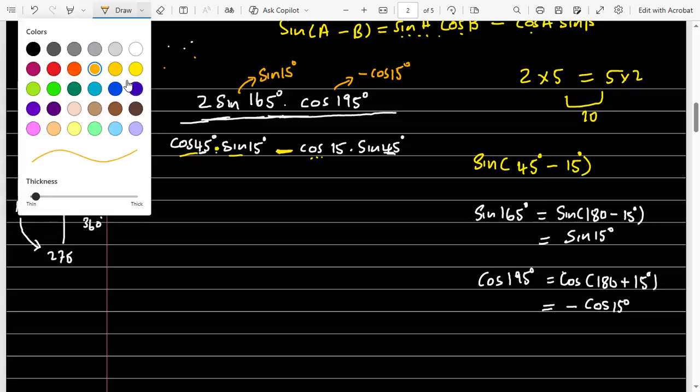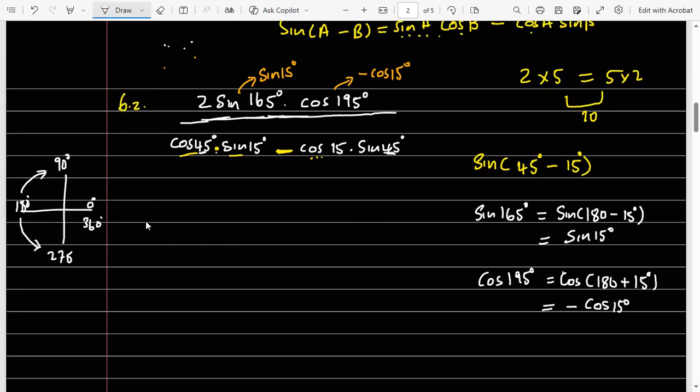Let me just rewrite everything down and let's see what we have so far. This will be 2 the sine of 15 degrees multiplied by the bracket negative the cos of 15 degrees. Everything here is divided by, if you still remember, what we said on the bottom.